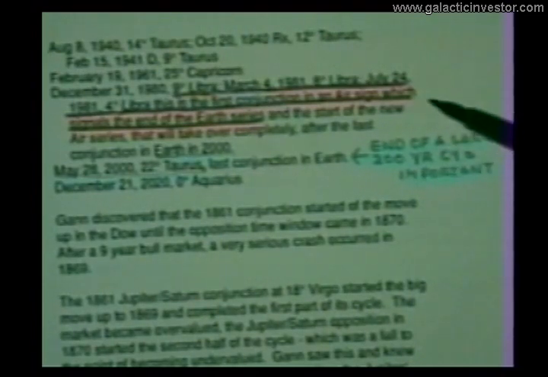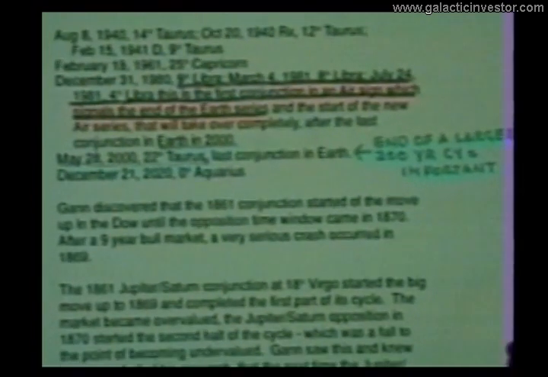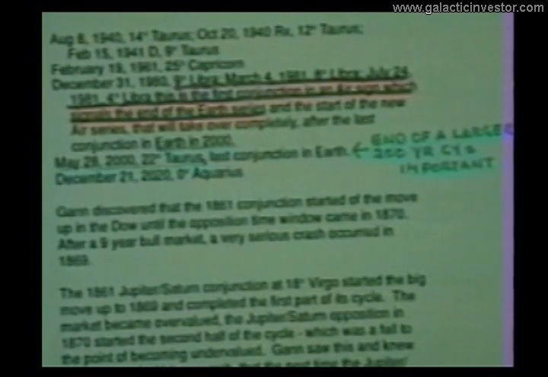So, if we took the 60-year cycle then, from the time that we had the 1929 crash, we should have had a big crash in 1989. And what this is going to explain to you is why we didn't. That's where we're going.